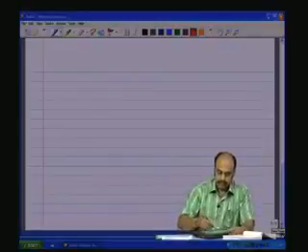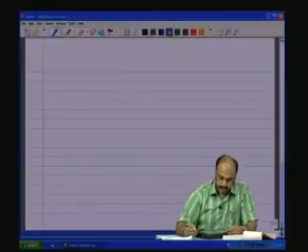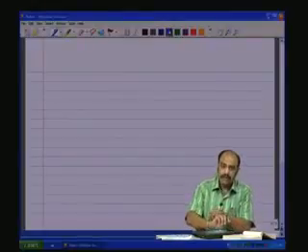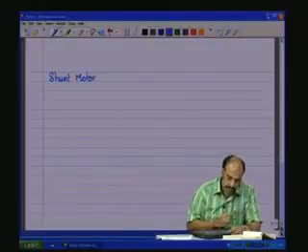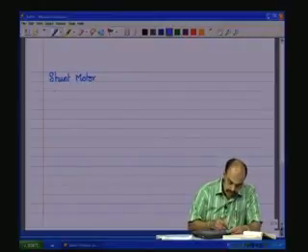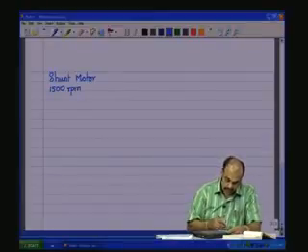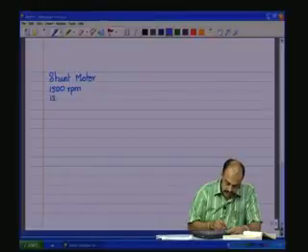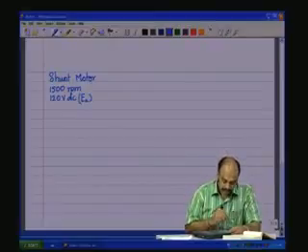Let us consolidate with a couple of examples, one on the shunt motor. Let us say we have a shunt motor rotating at 1500 RPM, and it has 120 volts DC as our EA applied to the terminals of the motor.